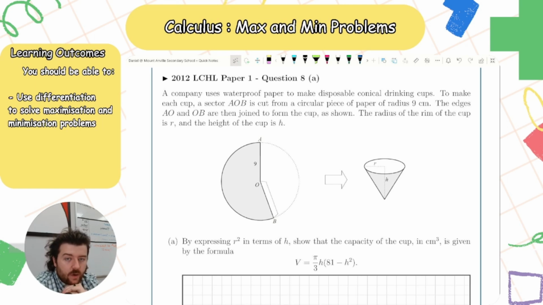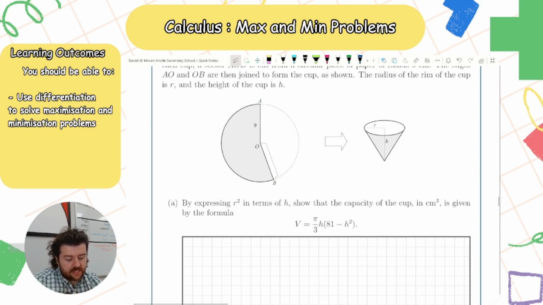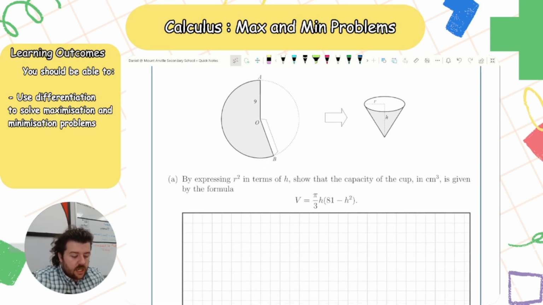The edges AO and OB then join to form a cup as shown. The radius of the rim of the cup is R, and the height of the cup is H. By expressing R squared in terms of H, show that the capacity V in centimeters cubed is given by this formula.